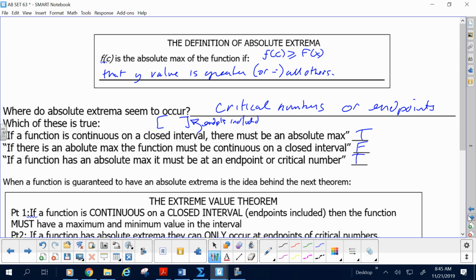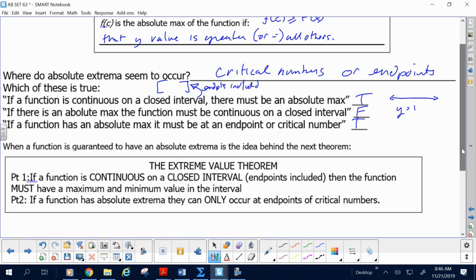If the function is like y equals 1, what would the absolute max be? 1? Good question. So y equals 1. Does it satisfy the definition? Is there a y value that is greater than or equal to all other y values? Yes. So yes, it does. I know it's weird, but yeah, that would be an absolute max. And also be an absolute max. So that's a weird case. That's good to think outside the box.